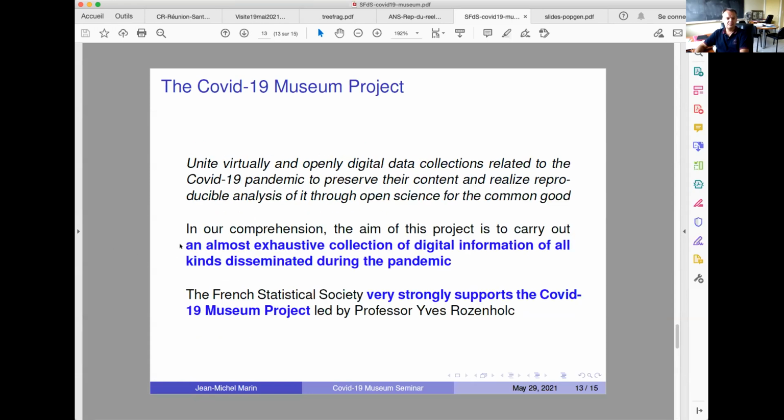We have been asked to support research activities, but the typical position is not to enter into this type of thing. But we changed our viewpoint a bit, just for the COVID-19 museum project, and I will explain why.